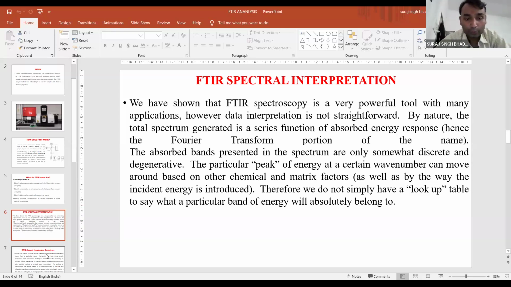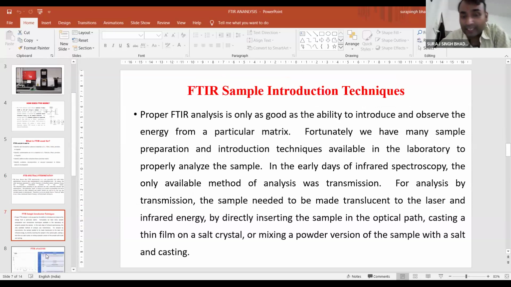Next slide. Now you can learn the FTIR sample technique. Generally, this technique is very good and it is based on the energy of different particular metric systems. Through sample preparation, when we introduce this technique in our laboratory, we analyze the different biomolecules, and the different levels of transmission through the molecules present in our drug substance.